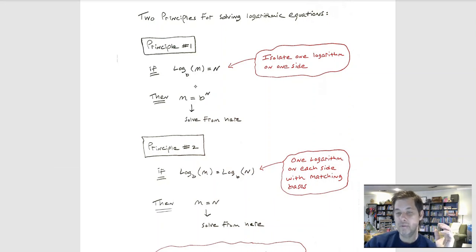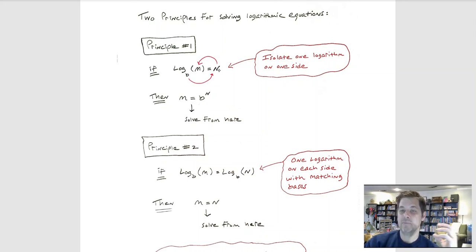Then what you do is this: you raise this number to this power and say it's equal to whatever that is, and then you can solve from that point. Wherever you start, you get here, apply this pattern, get that, and solve it from there. This is like the middle of the problem.